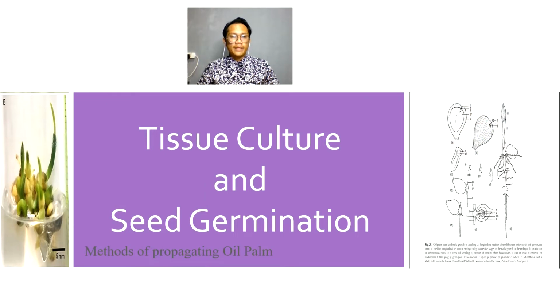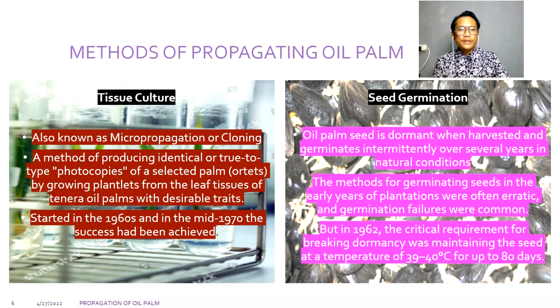The oil palm propagation techniques are tissue culture and seed germination. The tissue culture technique, also known as micropropagation or cloning, is a method of producing identical or true-to-type photocopies of a selected palm by growing plants from leaf tissue, which is the immature leaf, or inflorescence, and also from the tip of tertiary roots of Tenera oil palm with desirable traits.